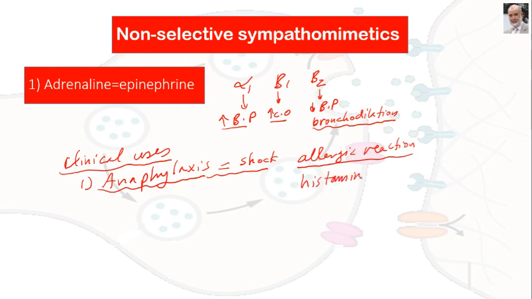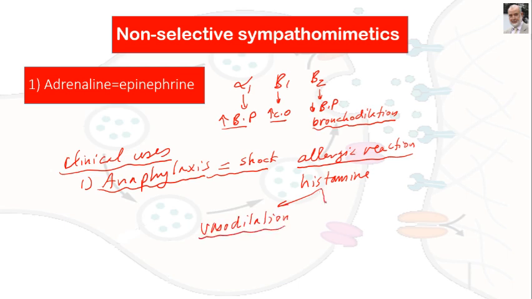Histamine will act on H1 receptors in the blood vessels, producing vasodilatation.